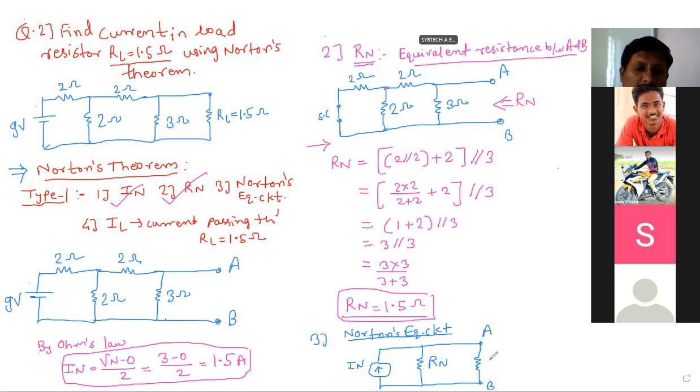So the load resistor is 1.5. You have to write the values: IN value is 1.5 ampere, RN value is 1.5 ohm. So this is 1.5, this is also 1.5.